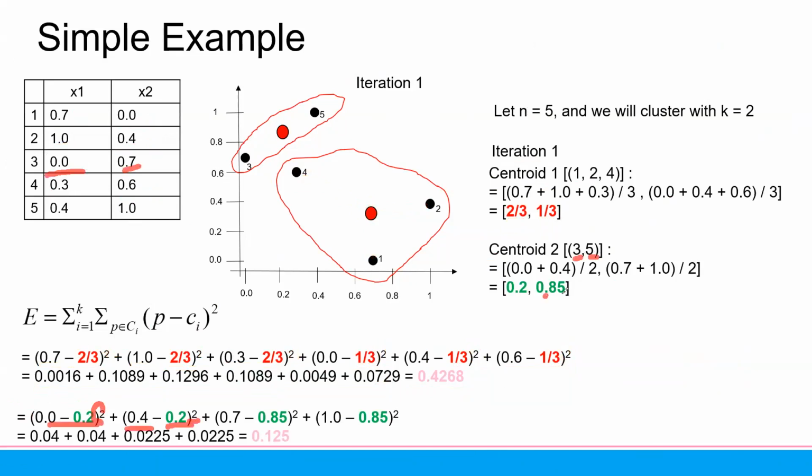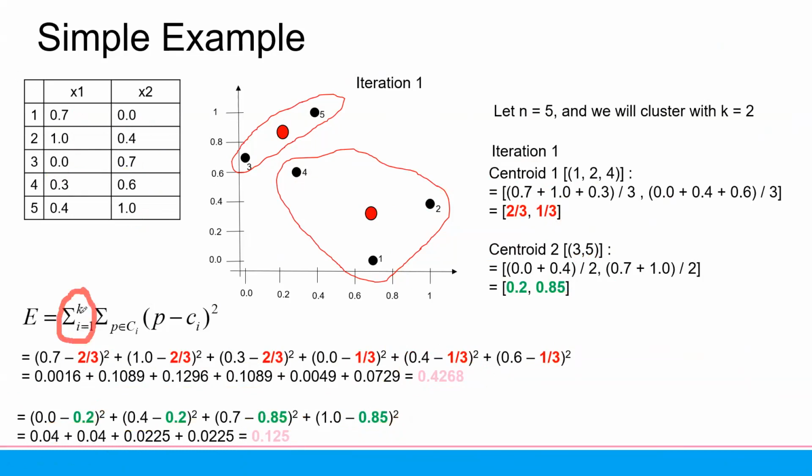0.7 minus 0.85 squared, and then 1 minus 0.85 squared. So the result is this one, 0.125. Now we have the errors here and we have the errors here, so we can do the summation from i equals 1 until k.